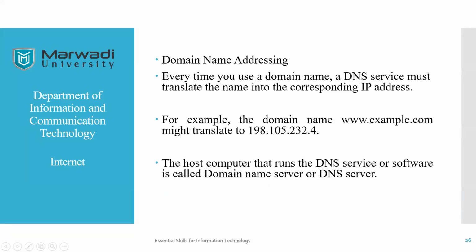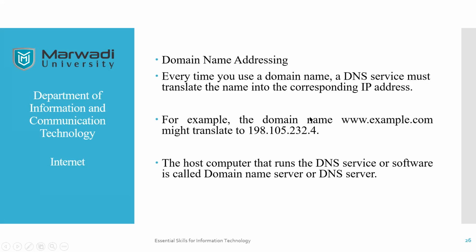So, domain name addressing. Every time you use a domain name, a DNS server must translate the name into the corresponding IP address. For example, the domain name www.example.com might translate to 198.105.23.4. That is your IP address, and this is your domain name.